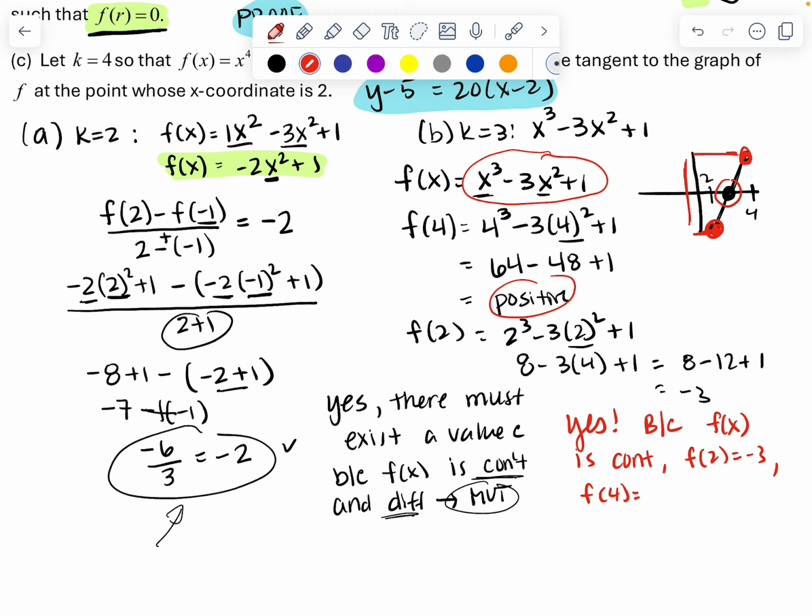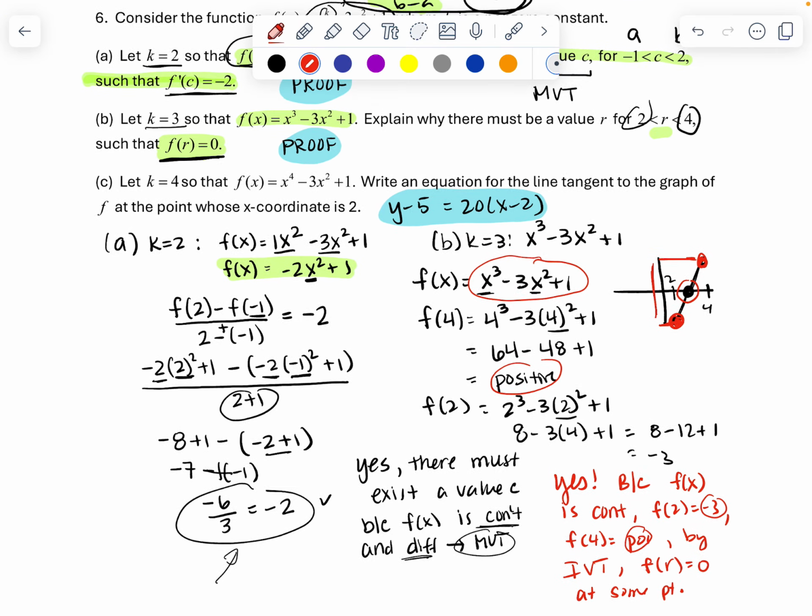We can actually calculate that, but you can say it's positive. So if I'm going from a negative to positive, you can say by the intermediate value theorem that f of r must equal 0 at some point. Does that kind of make sense? Sorry, I wasn't reading it at first, but I was thinking this was going to be mean value theorem again, but it was not.